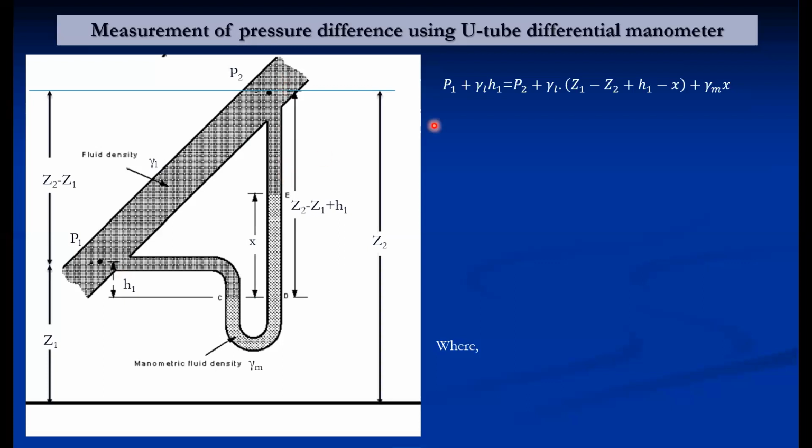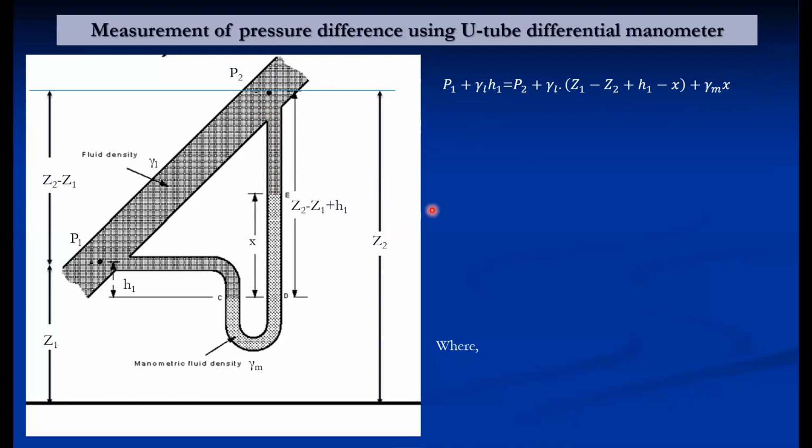This column has specific weight gamma L. In bracket, the entire distance is Z2 minus Z1 plus H1, minus X. The earlier expression was a printing mistake: this is Z2 minus Z1 plus H1 and minus X. This is the height of the column that I'm talking about.